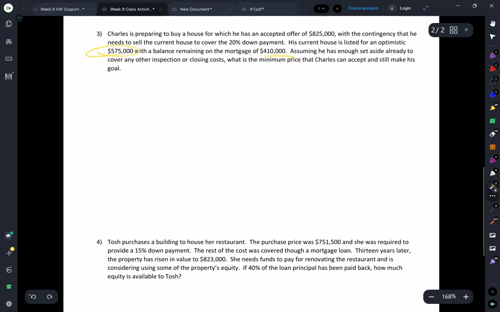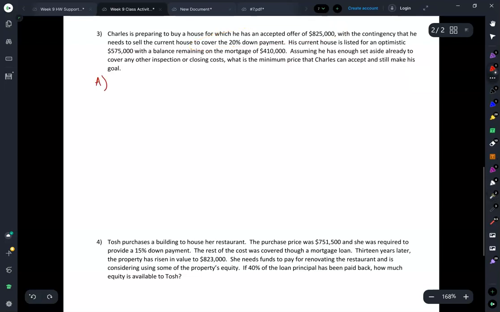So we want to make sure that he sells that for enough. Let's see if it works. Assuming he has enough set aside already to cover any other inspection or closing costs, what is the minimum price that Charles can accept and still make his goal? So first of all, we need to figure out what he has to do in the down payment.